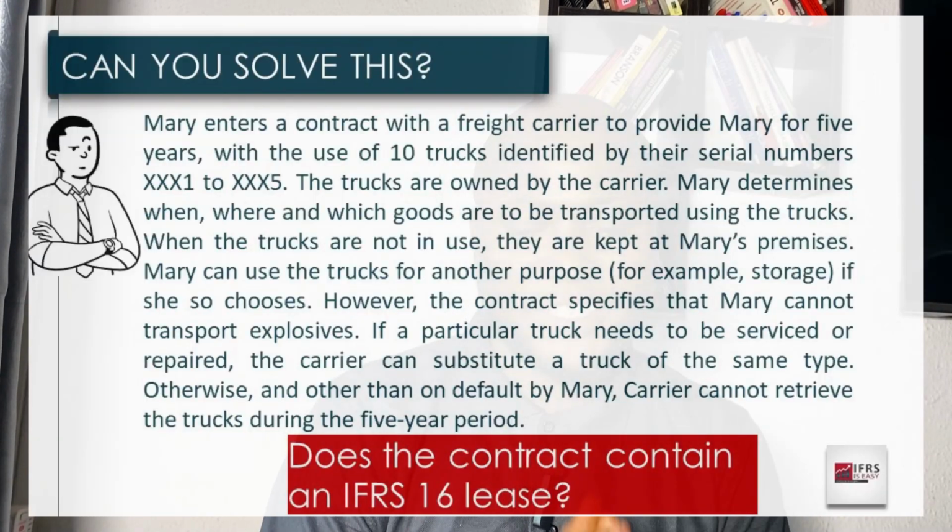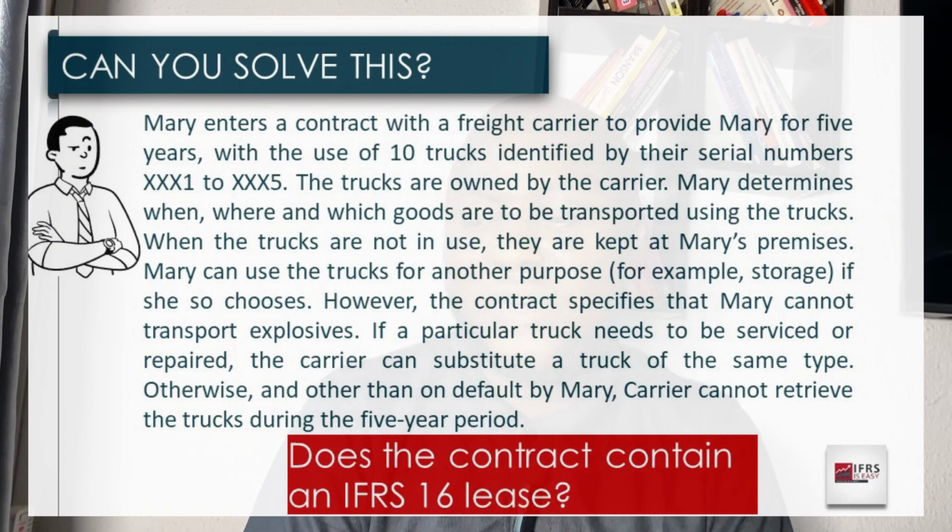So can you solve this? Mary enters a contract with a freight carrier to provide Mary for 5 years with the use of 10 trucks identified by their serial numbers X1 to X5. The trucks are owned by the carrier. Mary determines when, where, and which goods are to be transported using the trucks. When the trucks are not in use, they are kept at Mary's premises.